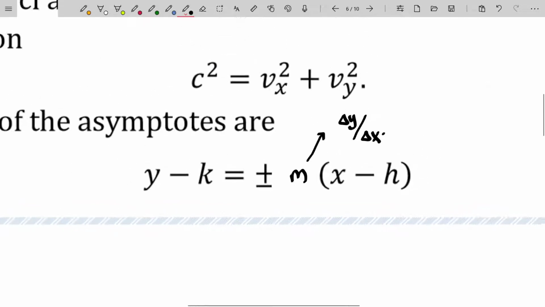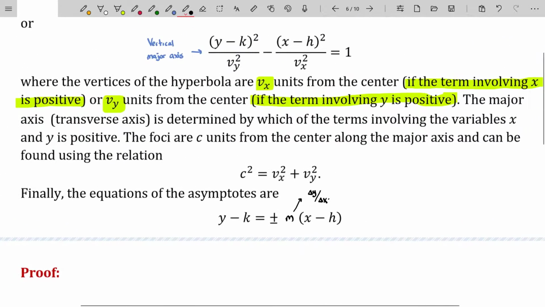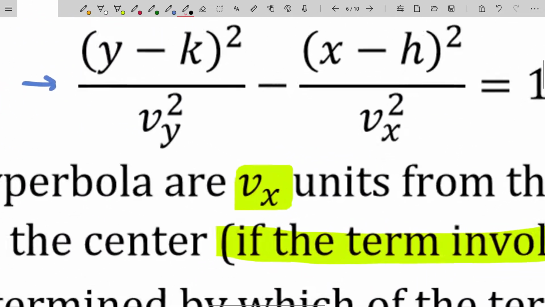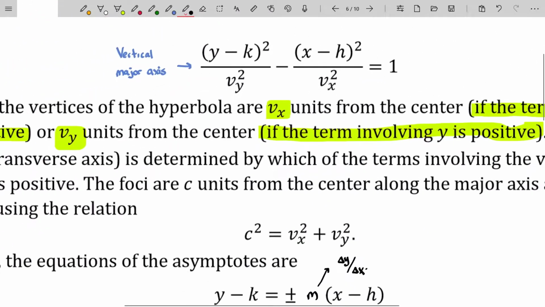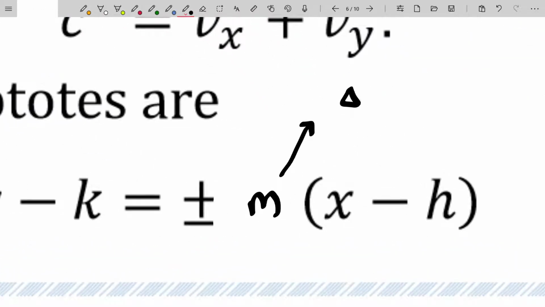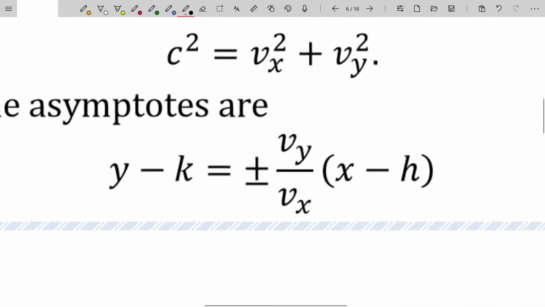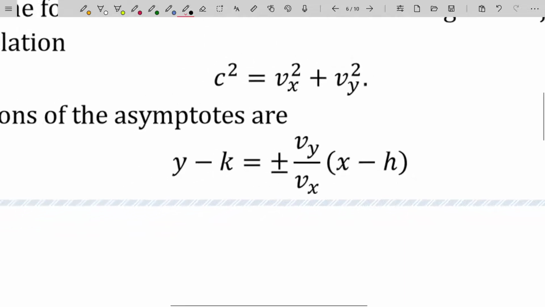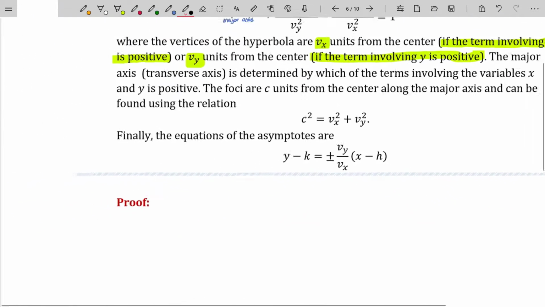However, if you look at our formula, y is associated with v sub y, and x is associated with v sub x. So if I were to say change in y over change in x, I might just want to say v sub y over v sub x, and there you go. Magically, it's done. Now, that doesn't give you the proof of it, but that is actually what's going on there. That is why it is v sub y over v sub x.